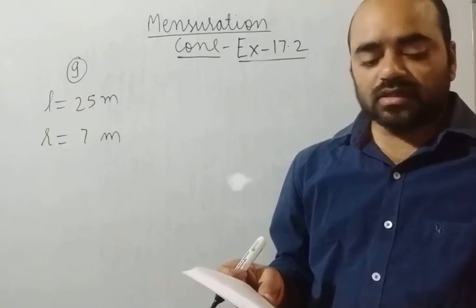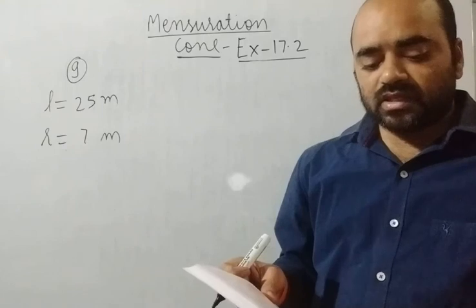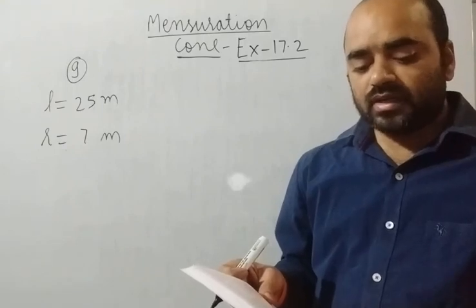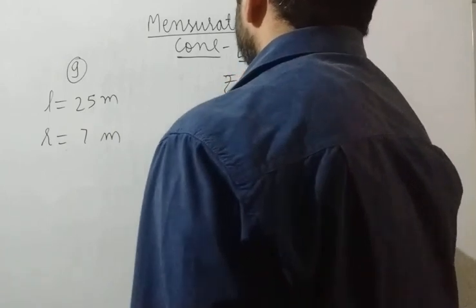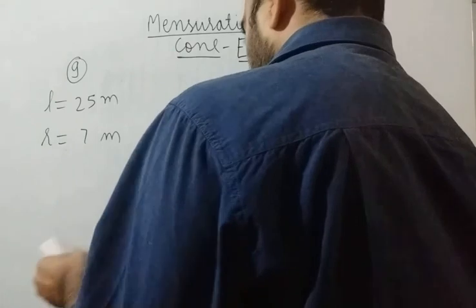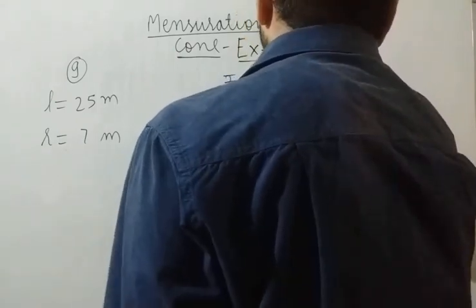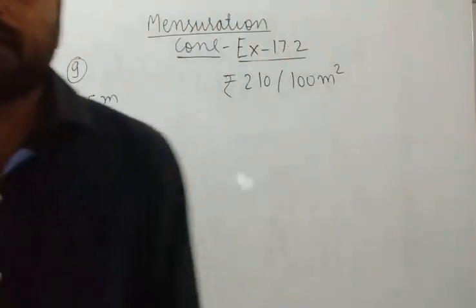Specifically it is mentioned, find the cost of whitewashing the curved surface area at the rate of rupees 210 per 100 meter square. This is the cost given, correct? Clear?